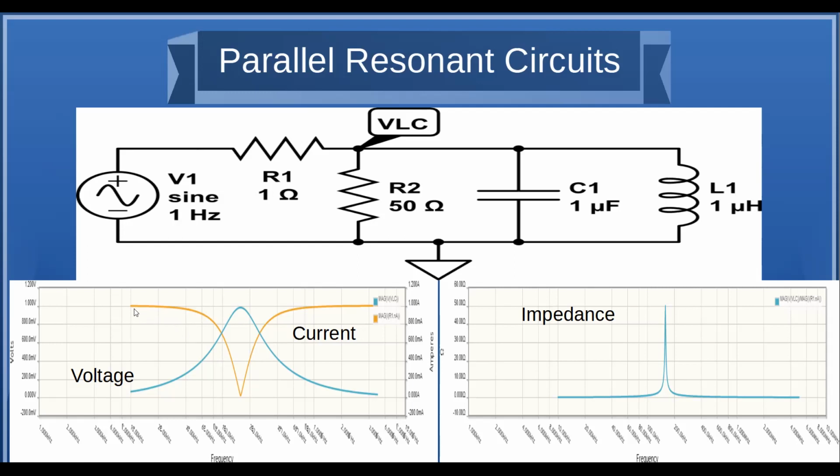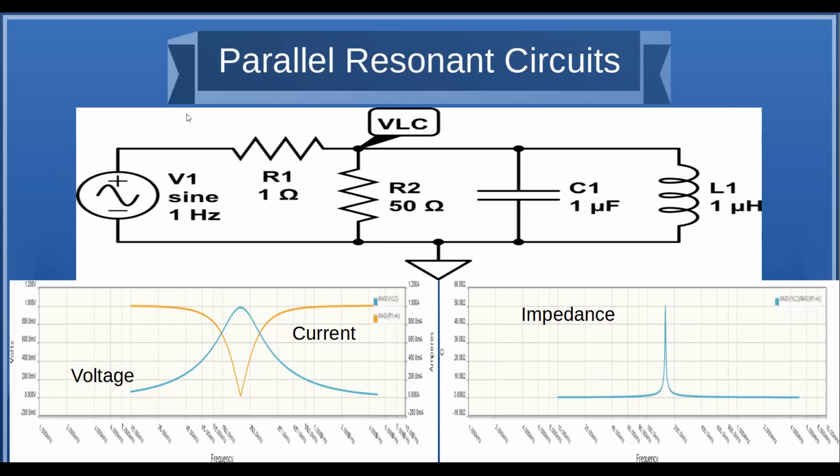And the current is going to go from a high current, because at lower frequencies below resonance this inductor has very low opposition to current flow, to approximately 0, or its lowest point at resonance. So again, if you look at the ratio of voltage to current, which is impedance, you can see how the impedance approaches infinity.